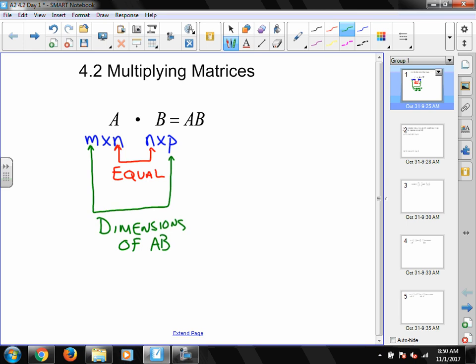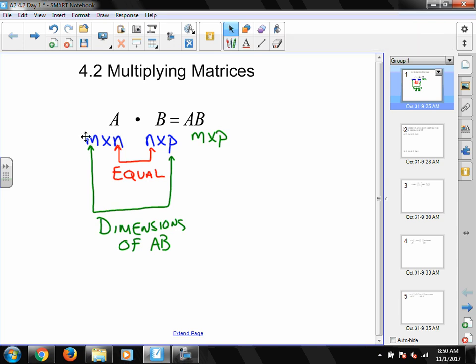So A times B in this case is going to be an M by P matrix. So you're going to take your rows of A and your columns of B, and that's how big your new matrix will be.